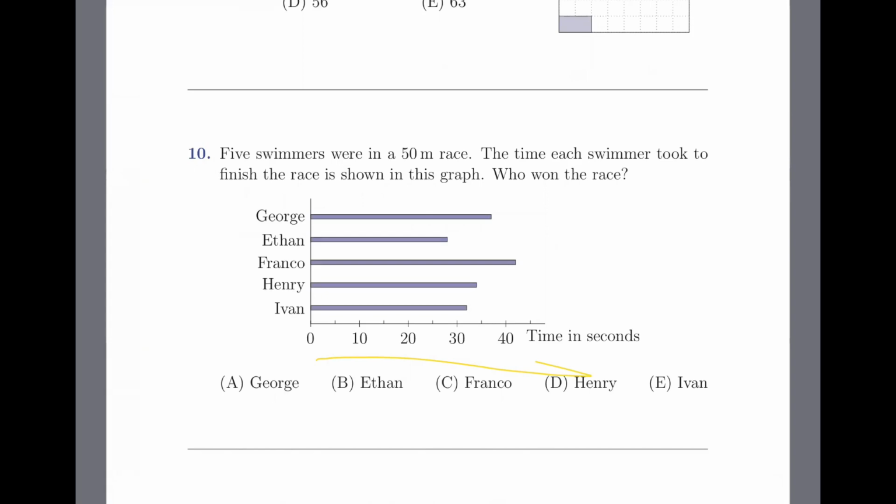We need to find the person with the least time, because the least time will be the winner. So which line will be the shortest? Which is basically what this question means. So we can see that Ethan over here has the shortest time. So that means he will be the winner.